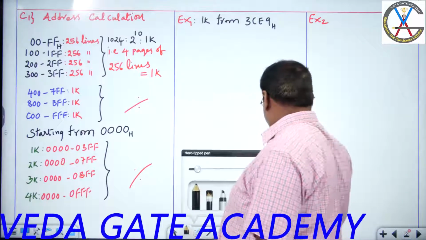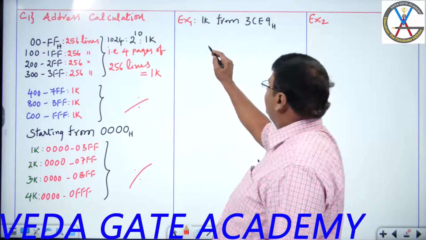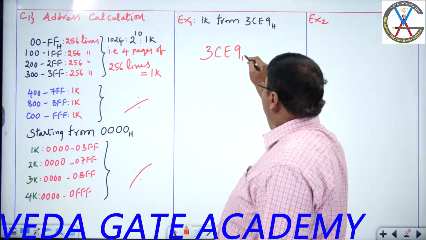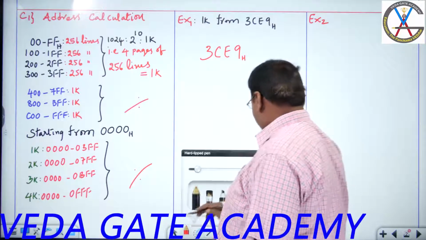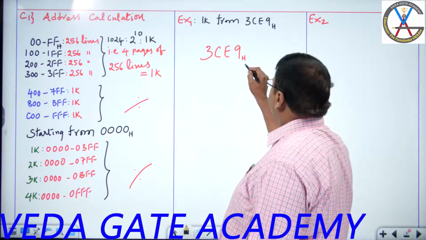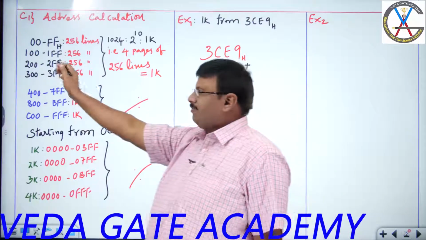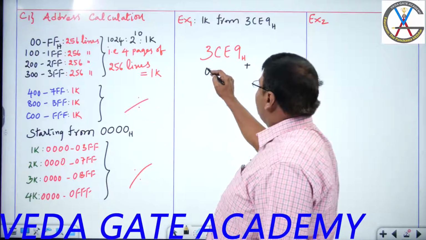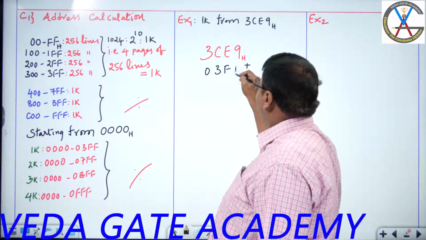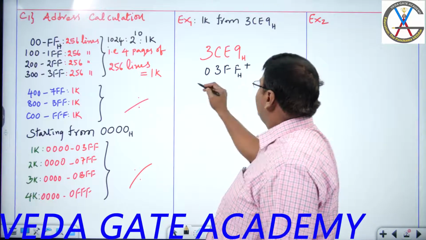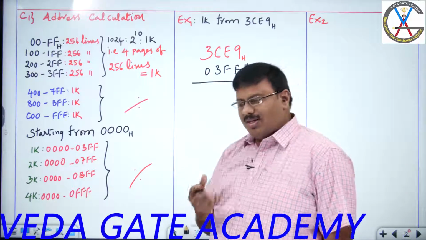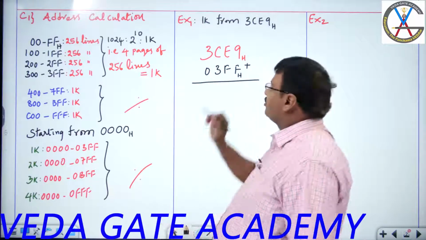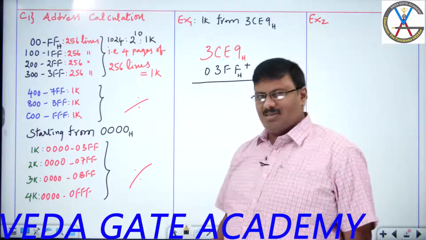Here, 3CE9 is already one line, plus 03FF, that is 1K, right? 0000 to 03FF, 1K. Actually, 03FF is 1023 only; including 0000 it is 1024. So 1 plus 1023, how much is it? 1024.